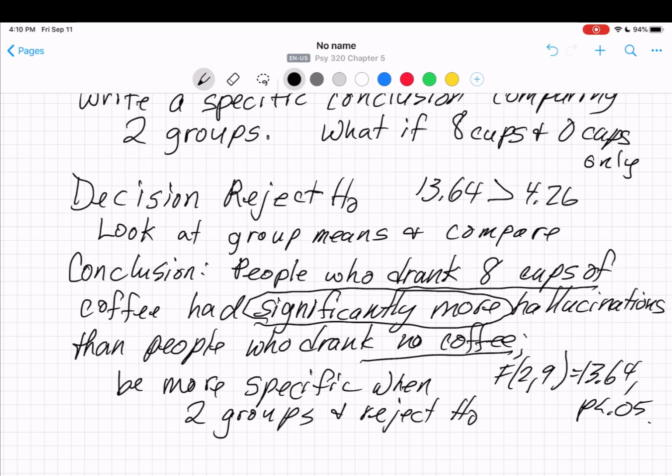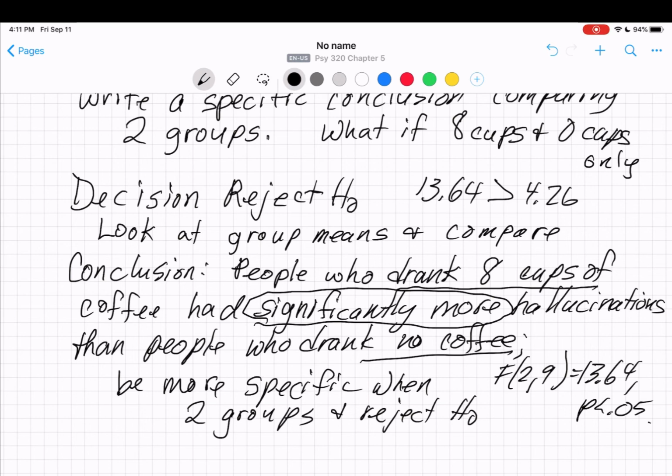and they're different, right? So when you have 3 or more groups, if you remember, the alternative hypothesis is that not all the mu's are equal, but it doesn't say which ones are different. We're going to talk about that in chapter 6. How do you tell which groups are different? So when you have 3 or more groups, you write a vague conclusion: the independent variable is having a significant effect on the dependent variable, okay?